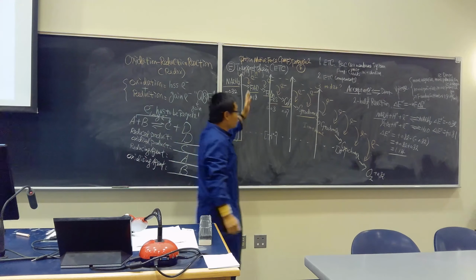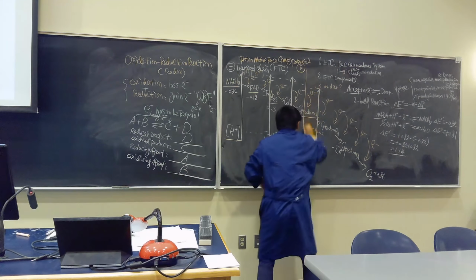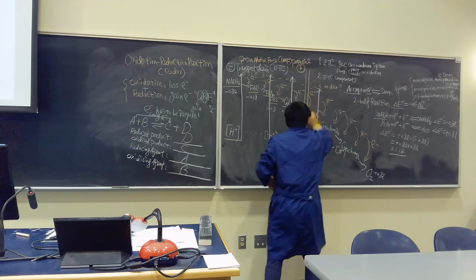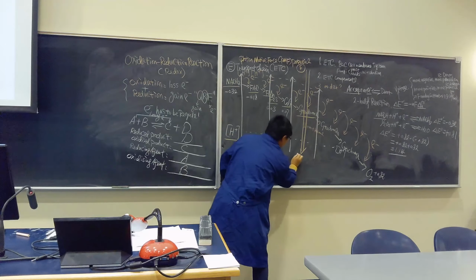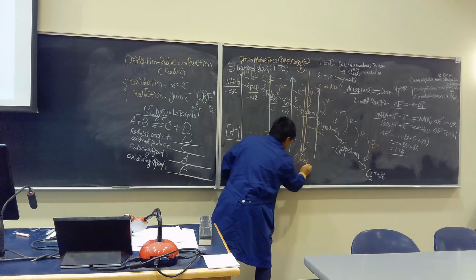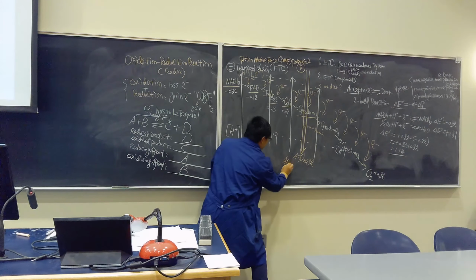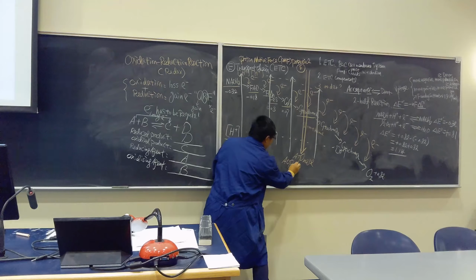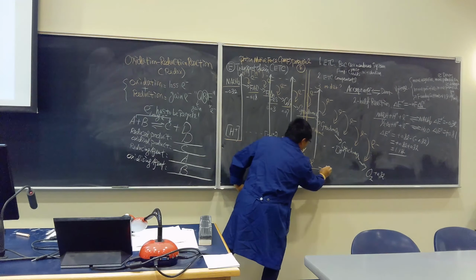And once they accumulate too much, they're going to go back. But once they go back, they will activate an enzyme called ATPase. The function of the ATPase is to combine ADP with phosphate and become ATP.